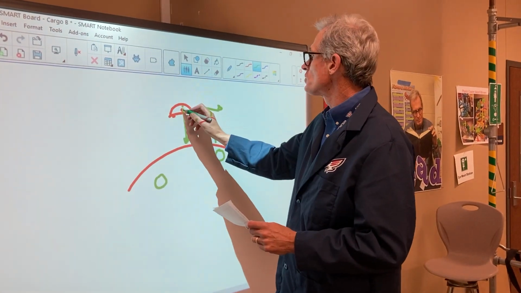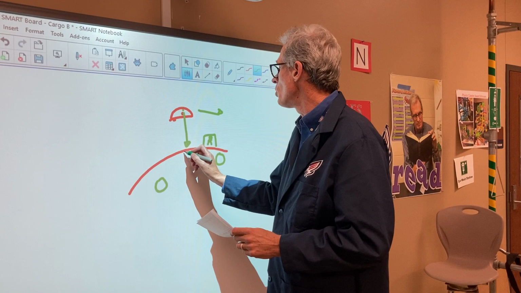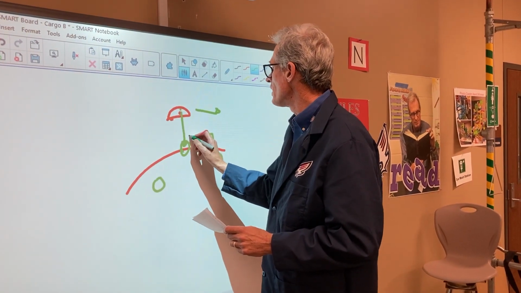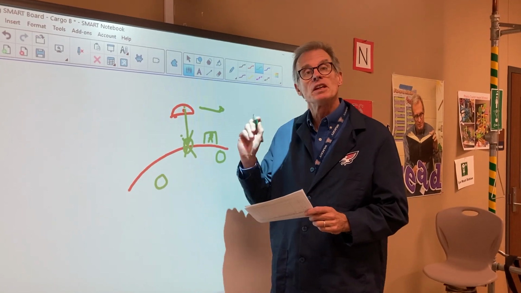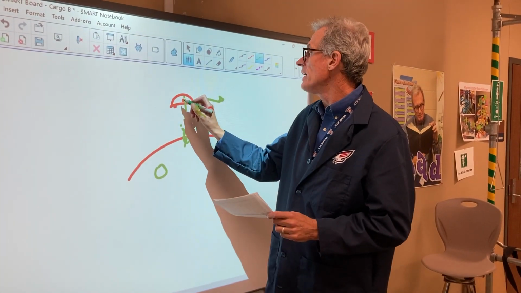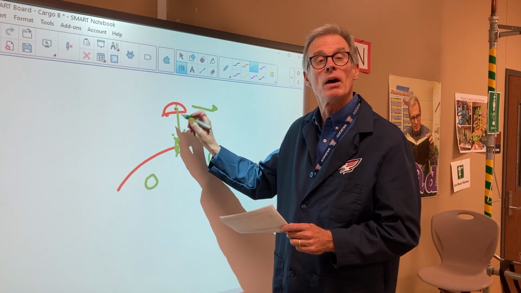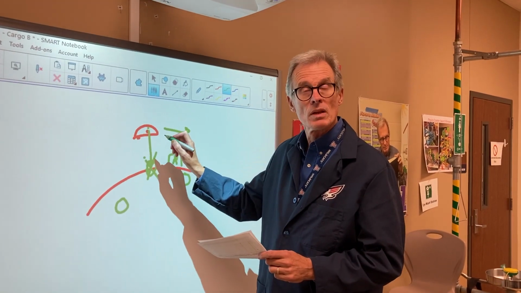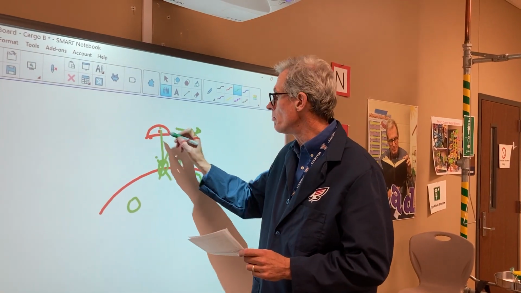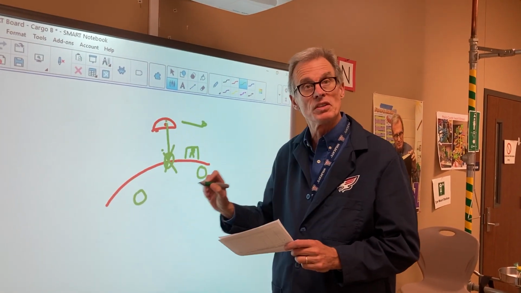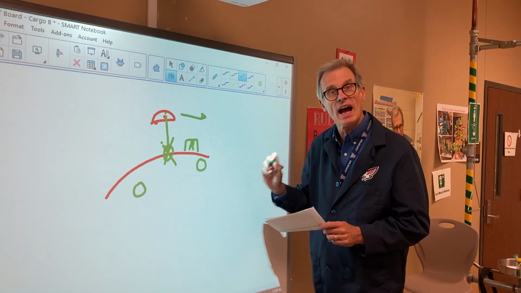If it falls too fast and hits the moon too hard, the cargo container will break. So your job is to figure out how high the ship is above the surface of the moon, so that you know how high the ship has to fly so that when the cargo hits the surface, it's not falling too fast.